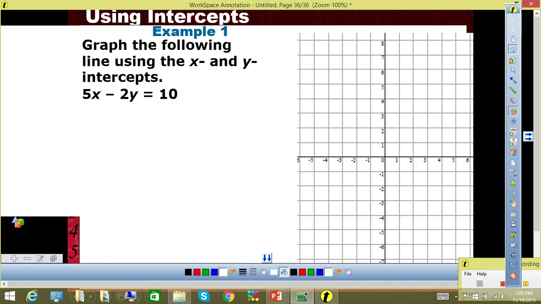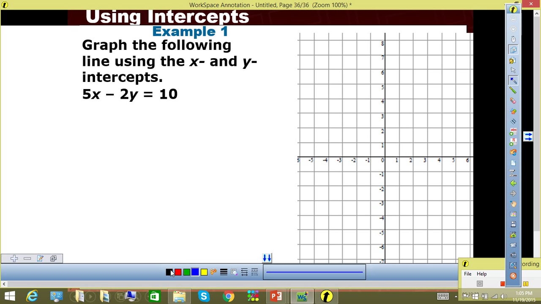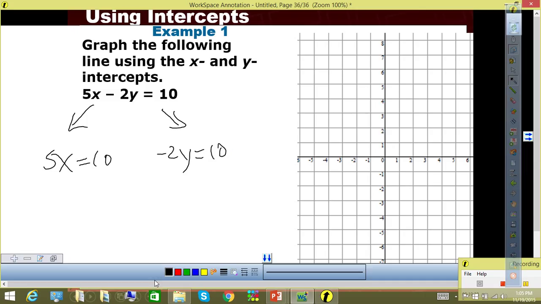Check this out. Do you guys see what I did? Basically it's the same thing. The only thing is I like to have them side by side. Here I have to solve for x.